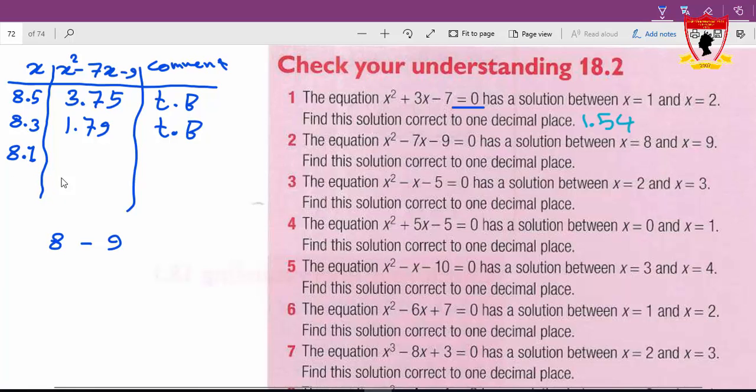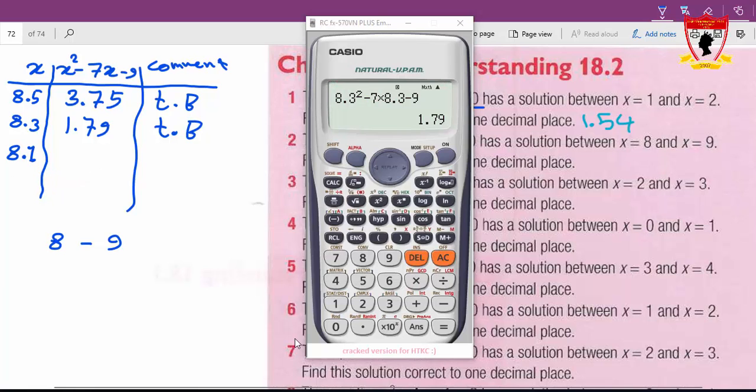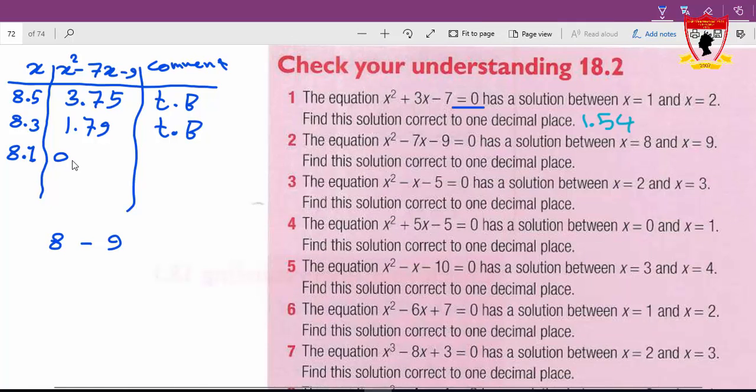Let's see how close it is. 8.1 power 2 minus 7 times 8.1 minus 9 is equal to negative 0.09. So the last number that we had is too big, and this one is too small, then the answer must be between these two.